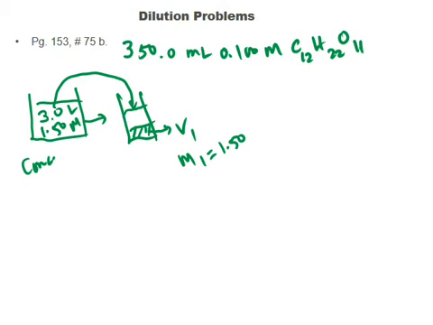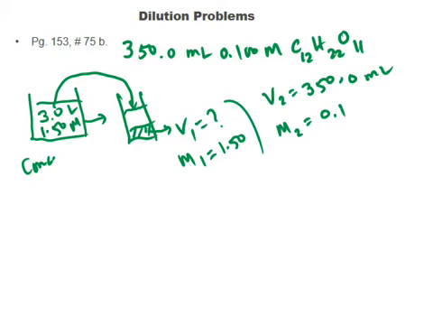Do I know the initial volume? No, I need to figure out that. What about the final volume? Yes, final volume has to be 350.0 ml, and final concentration they gave you, because that's the intended concentration, 0.100 molar.